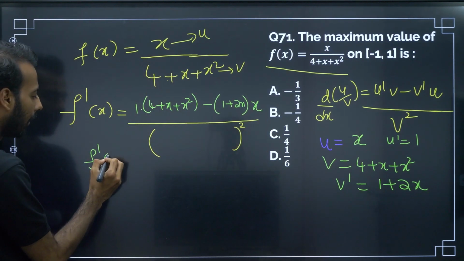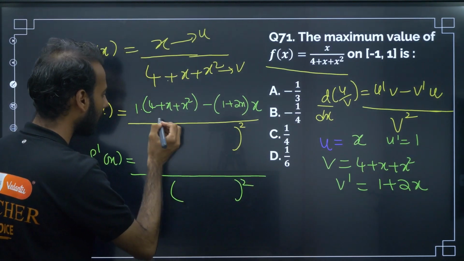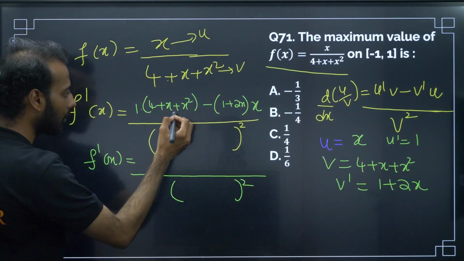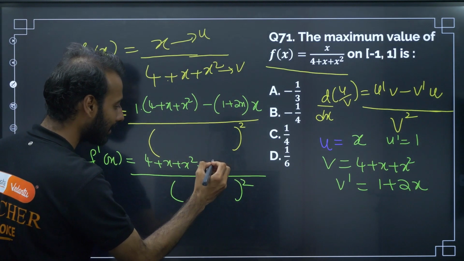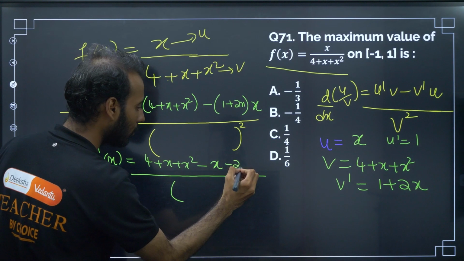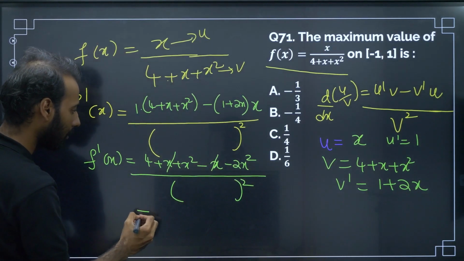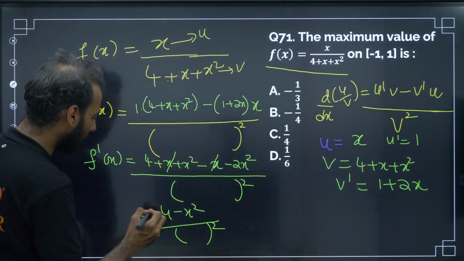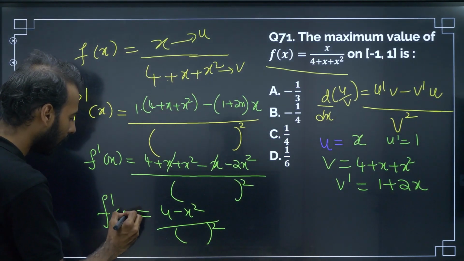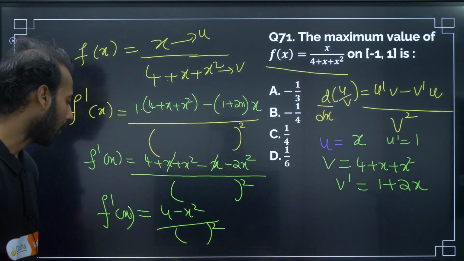So next, f dash of x is equal to some bracket, denominator let me keep as it is, let me simplify the numerator: 4 plus x square minus 2x square. So 4 minus x square divided by bracket square, f dash of x.